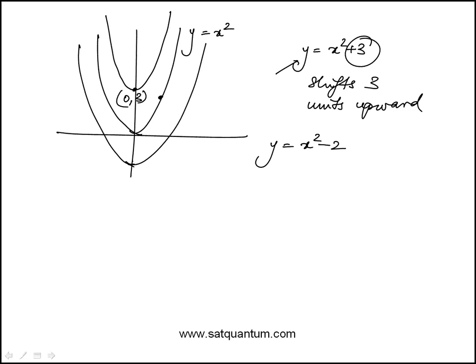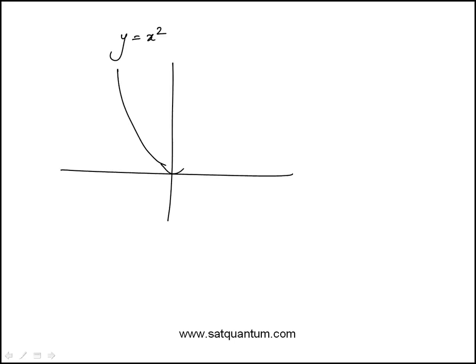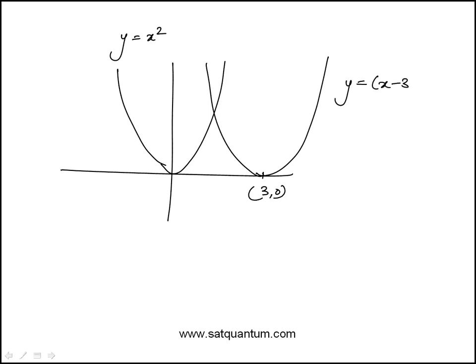Then there are the other shifts that have to do with horizontal shift. So again, we'll start with y equals x squared. If I were to shift this to (3, 0), meaning this is the new vertex, what would be the equation of this parabola? It's going to be (x minus 3) squared. So when you shift to the right, this is probably a little bit counterintuitive: shifting to the right is actually a negative.